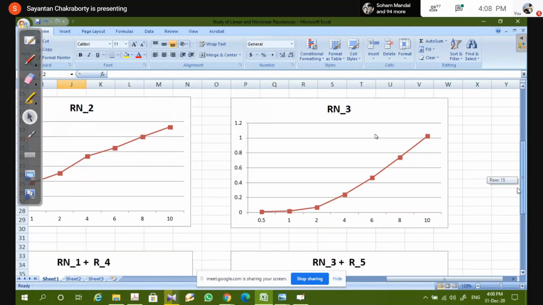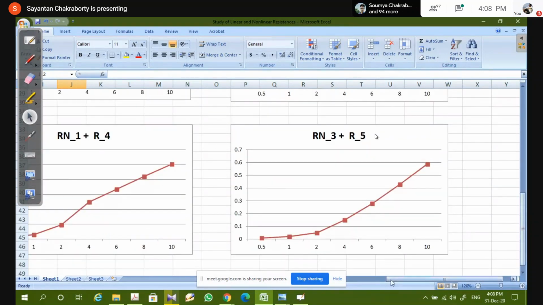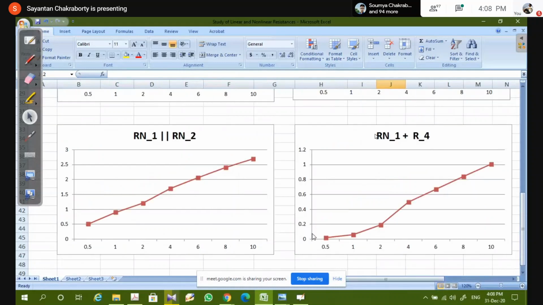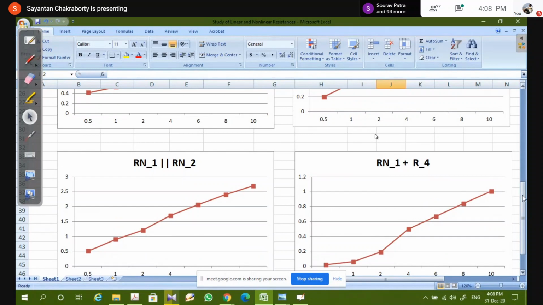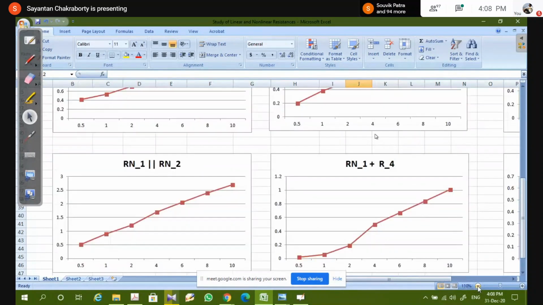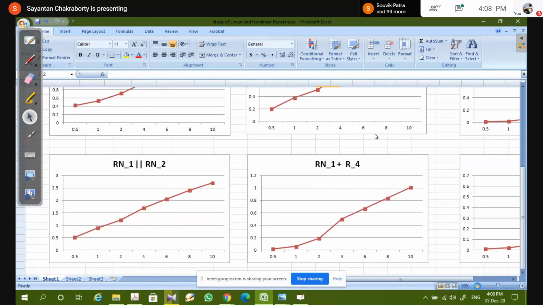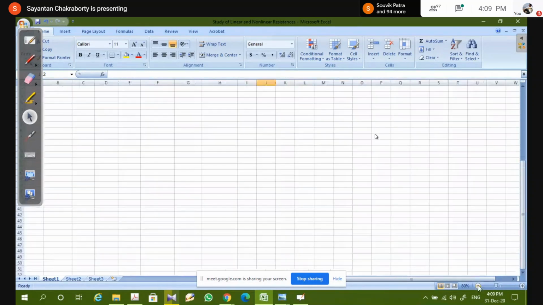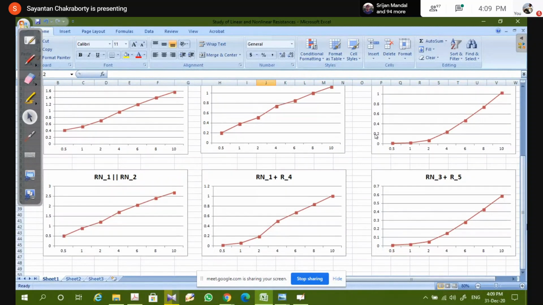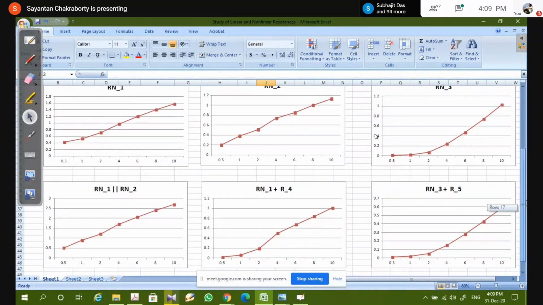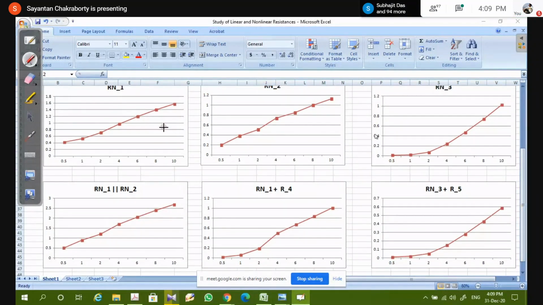Now, if you go for the combinations thereof, RN1 parallel RN2, this is nothing but a concatenation of these two. When RN1 and RN2 are connected in parallel, you'll get things like this.